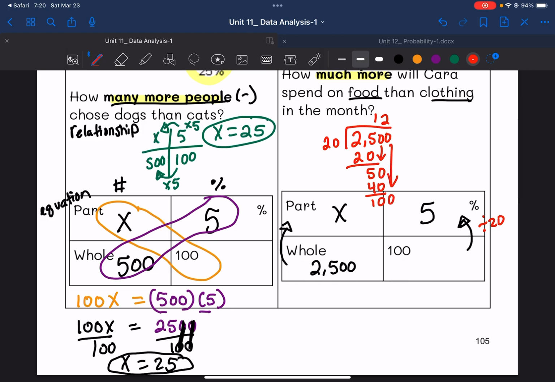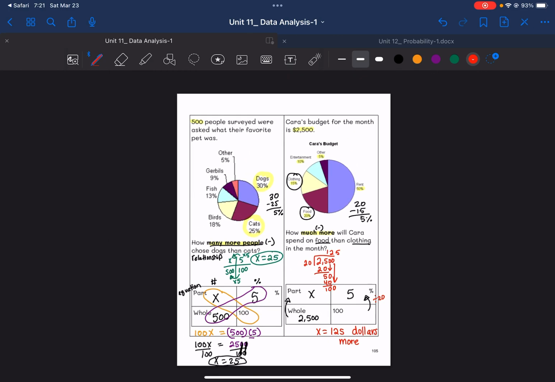And 20 can go into 100 5 times. So my answer is going to be x equals $125. This is how much more she spends. This is how much more money she spends on food than she does on clothing. Okay, she's a foodie girl. She's not a fashionista.